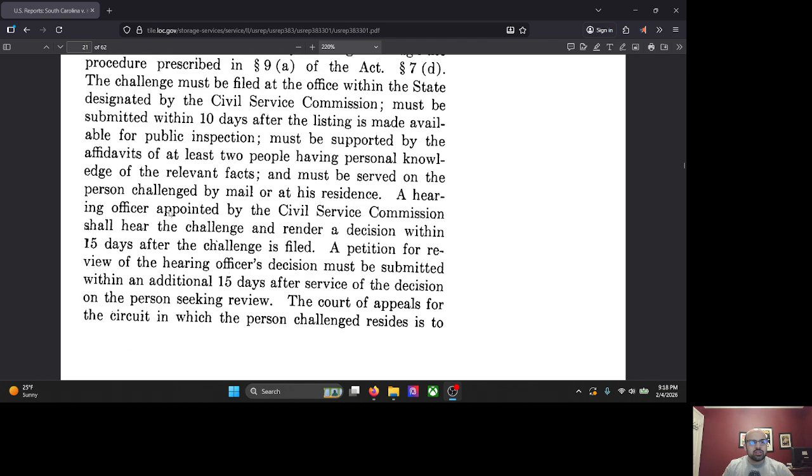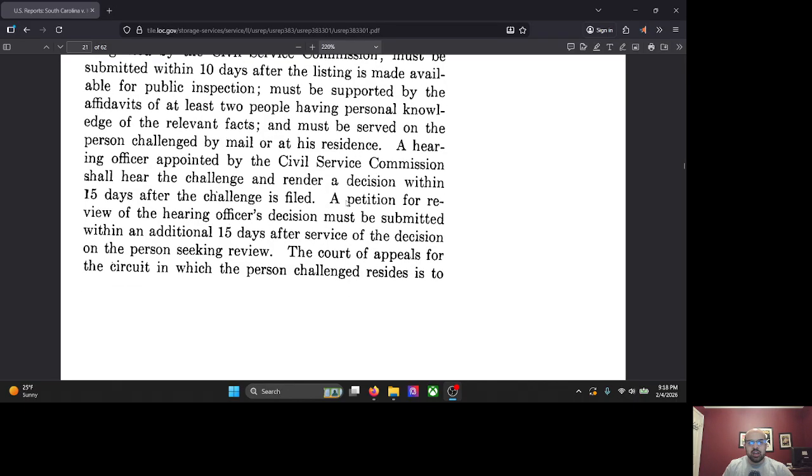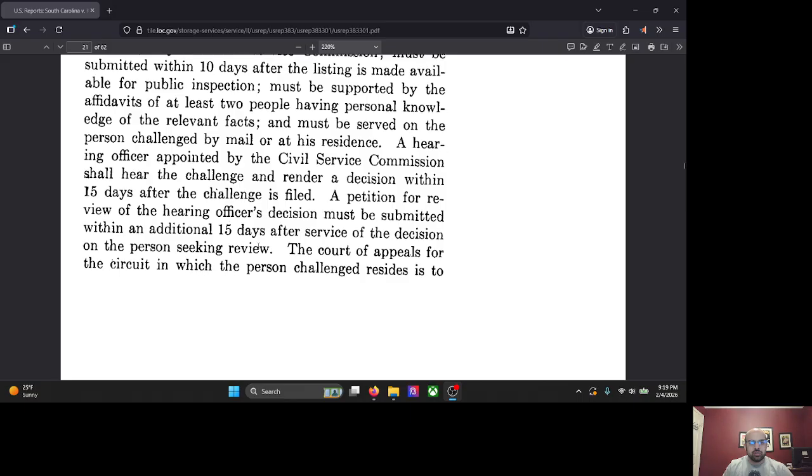A hearing officer appointed by the Civil Service Commission shall hear the challenge and render a decision within 15 days after the challenge is filed. A petition for review of the hearing officer's decision must be submitted within an additional 15 days after service of the decision on the person seeking review.